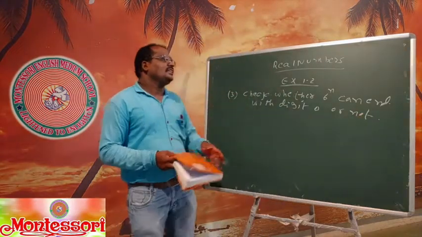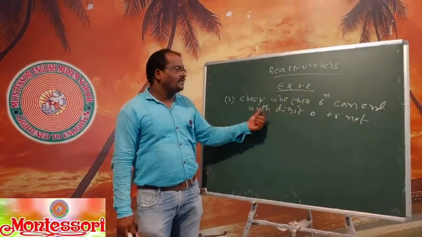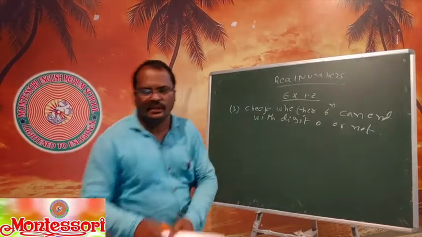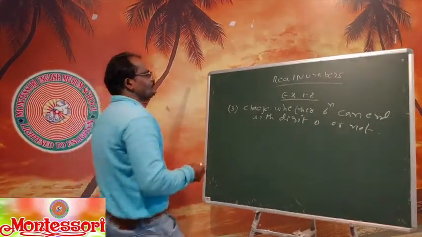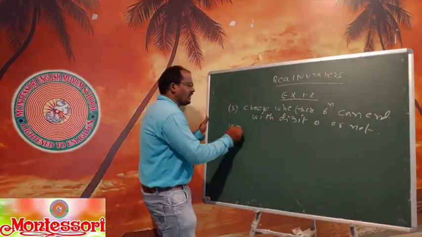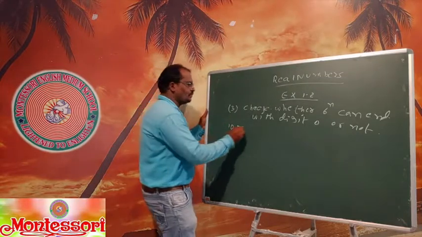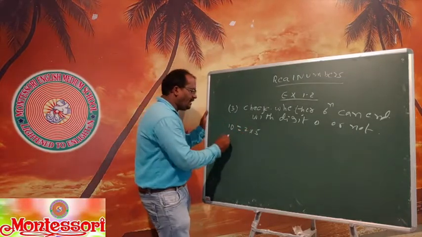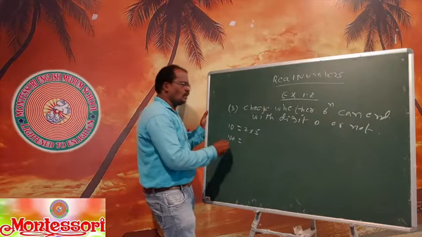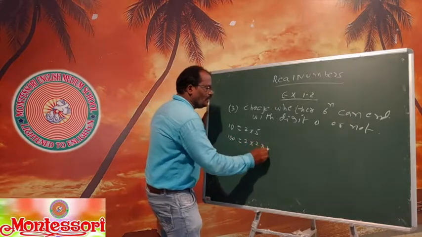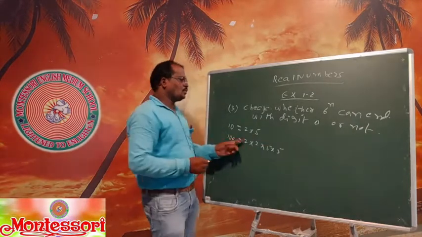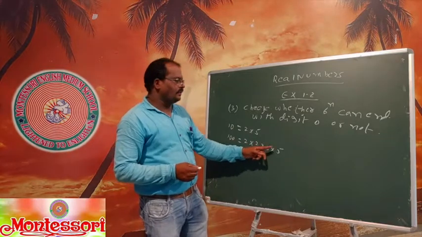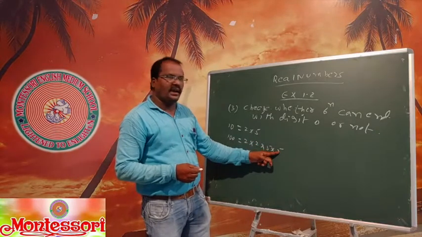Check whether 6 power n can end with digit 0 or not. First, division here. Take a number, 10, which is 2 into 5. Consider 100, which is 2 into 2 into 5 into 5.